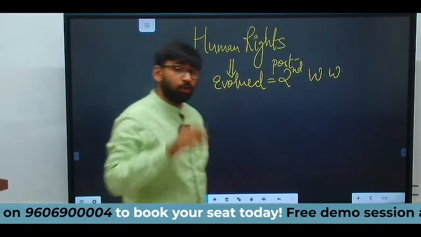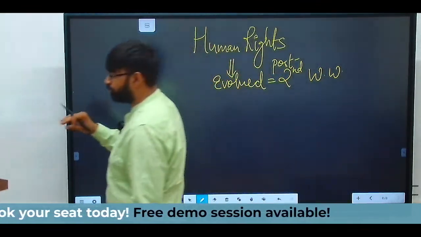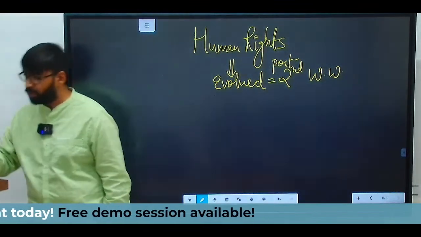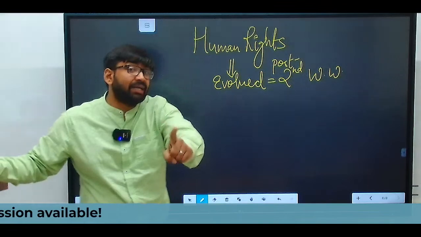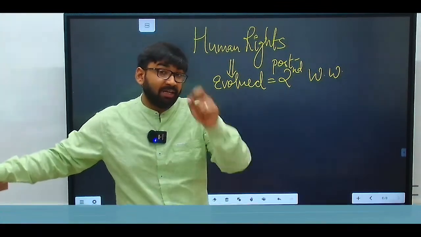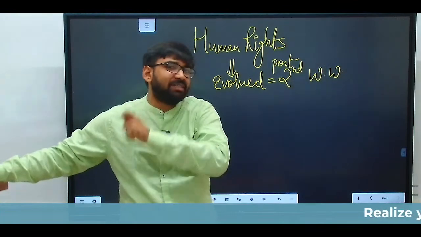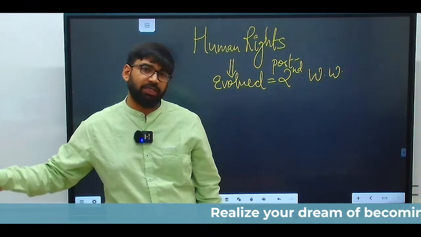Now you should have one question in your mind: why did this concept of human rights evolve after the Second World War? Because of Hitler's atrocities against Jews. Hitler violated the human rights of Jews and other minorities.